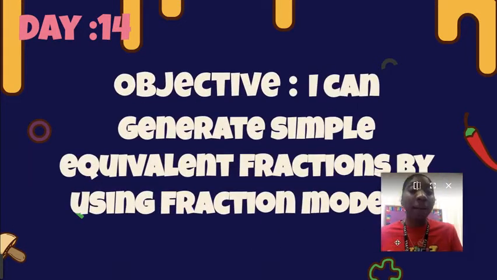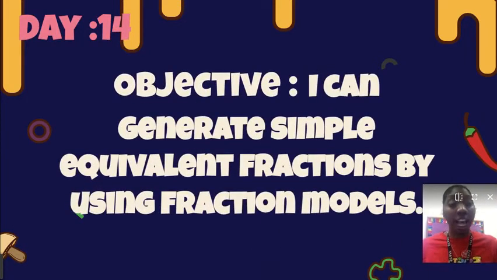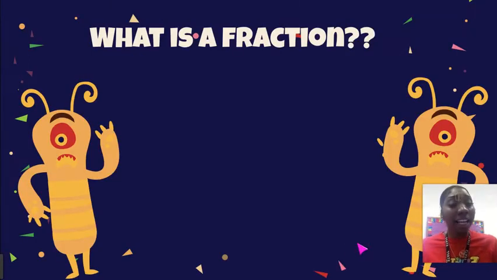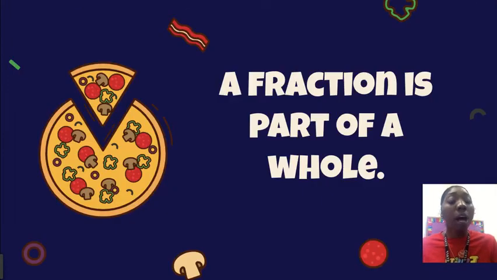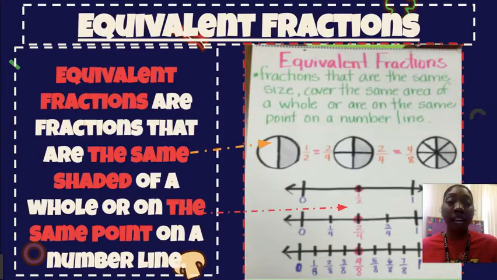So let's look back at our objective for today. Our objective says I can generate simple equivalent fractions by using fraction models. So again, what is a fraction? Well, a fraction is part of a whole, right? Fractions are part of a whole number or a whole object.